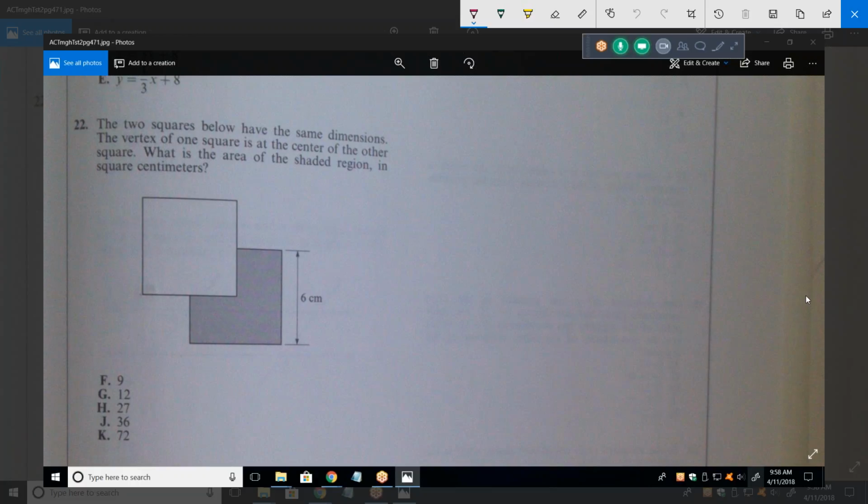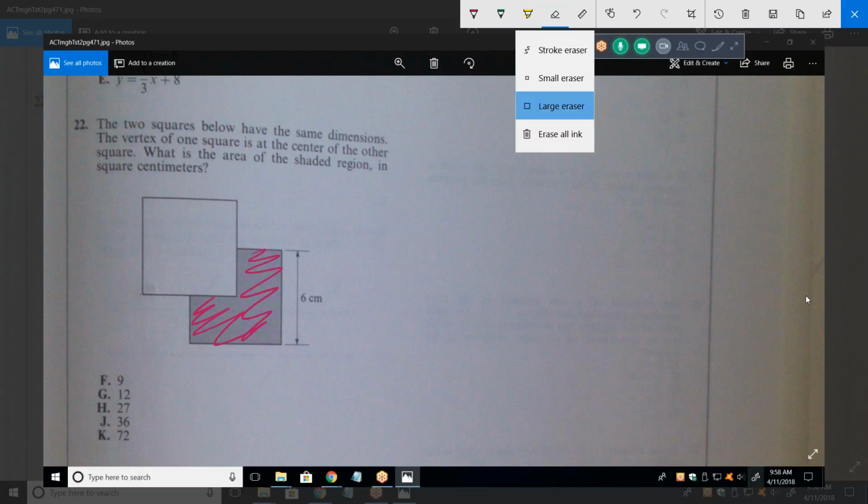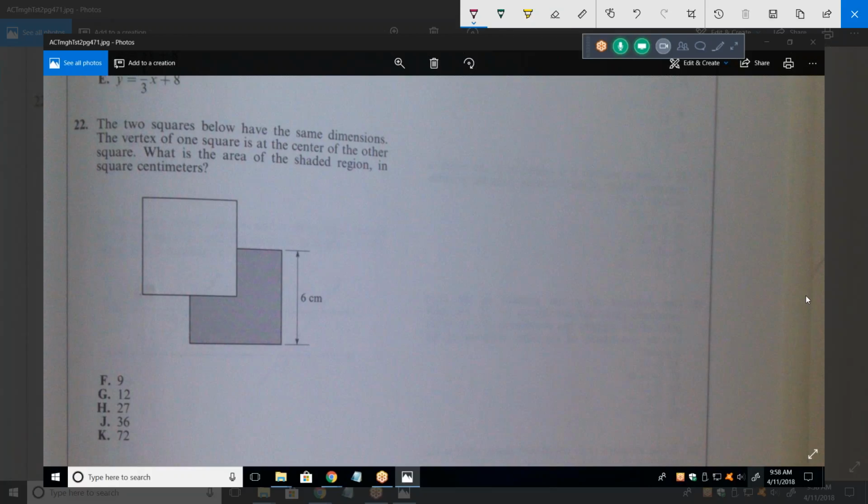So we have two same-size squares here. They want to know that area. What's the area of the white square? 36.